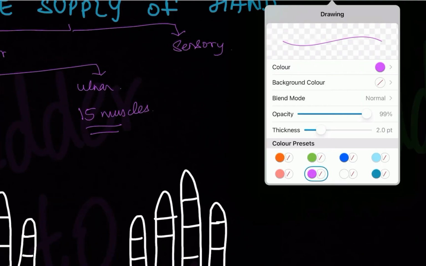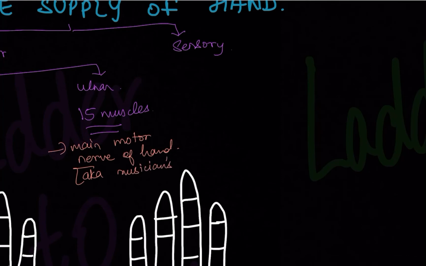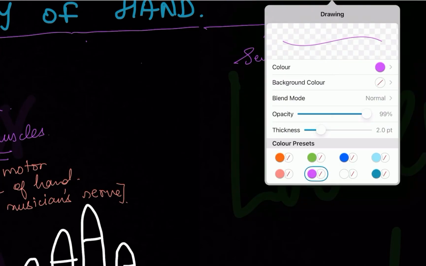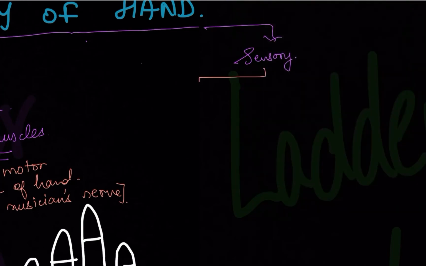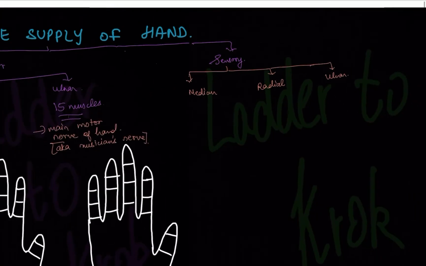So which will become the main motor nerve of our hand? It will be the ulnar nerve. It is also called the main motor nerve of the hand, and it is also known as the musician's nerve. For the sensory supply, you have 3 nerves: first is median, then radial, and ulnar.